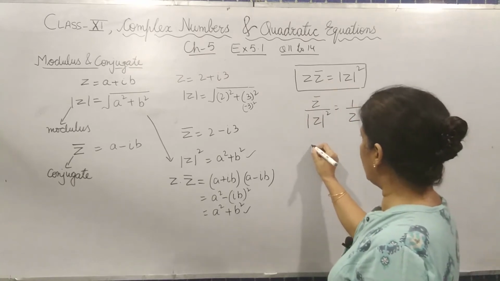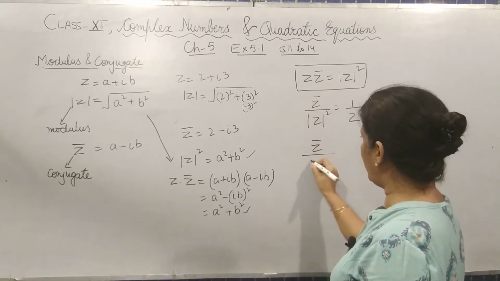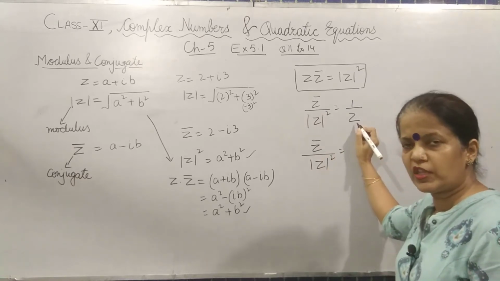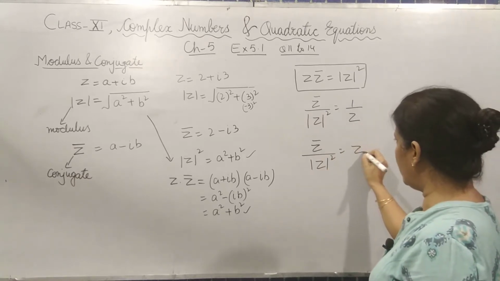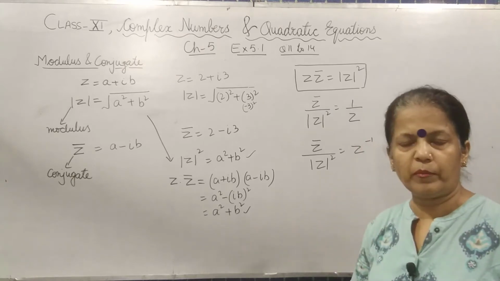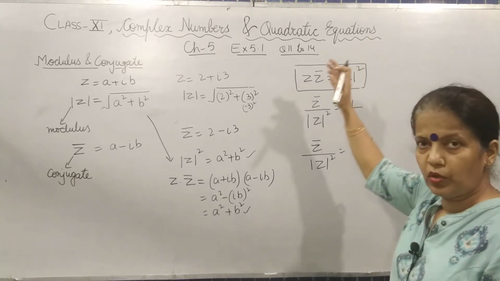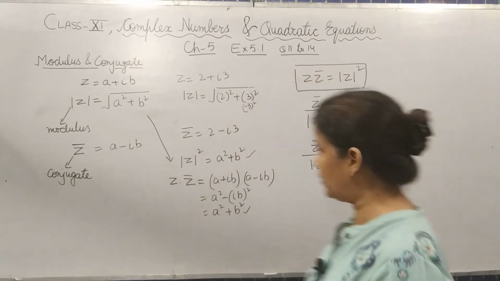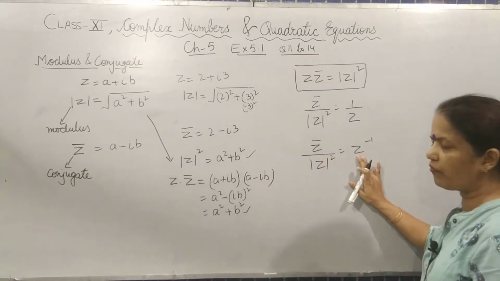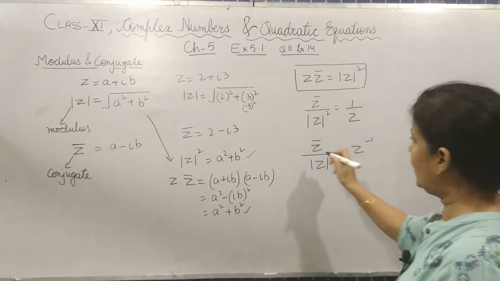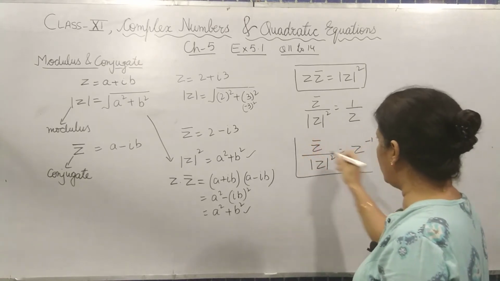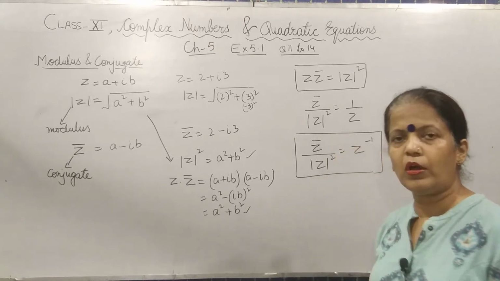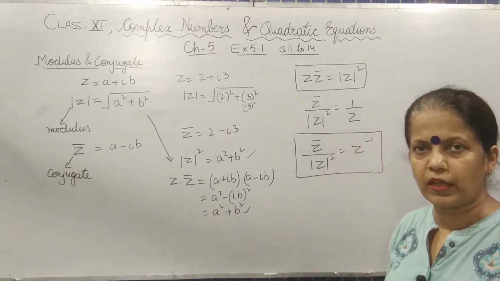Or we can say z bar upon modulus of z square equals 1 by z, and 1 by z means the inverse of the complex number. So the inverse of a complex number is also equal to this identity, z bar upon modulus of z square.